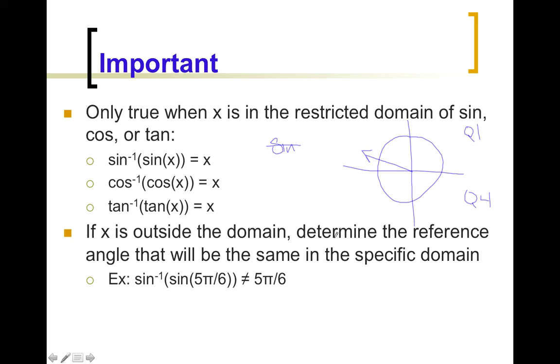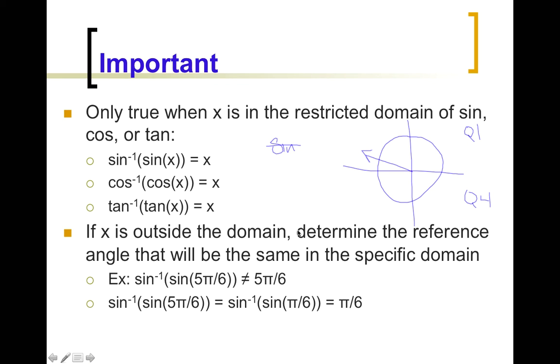And if you have to do this problem, which is still a doable problem, you have to find the answer or the angle that coincides to quadrants 1 or 4. If you think about this, the reference angle here is 30 degrees, or 1 pi over 6. You know that the sine of 150 is a positive number, so we're looking for the sine of a positive number here.